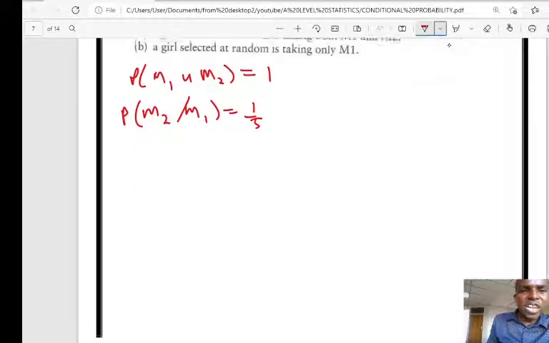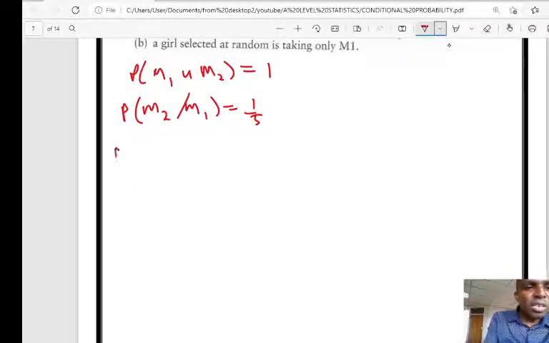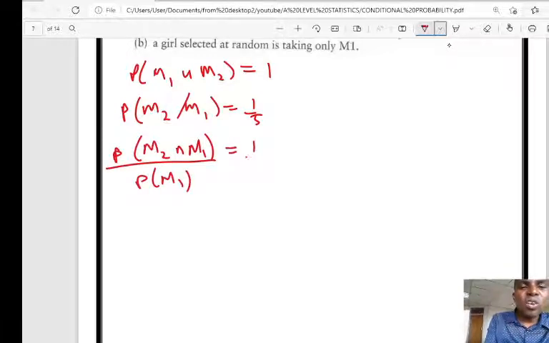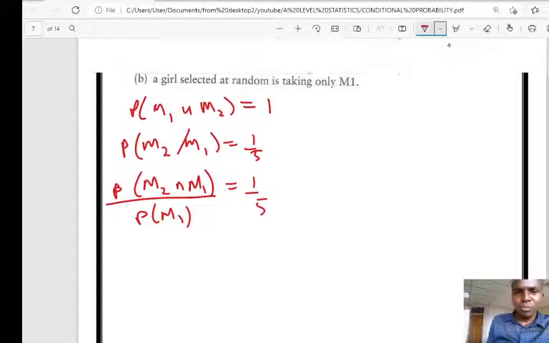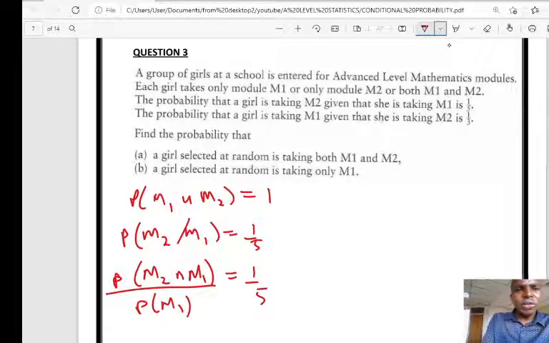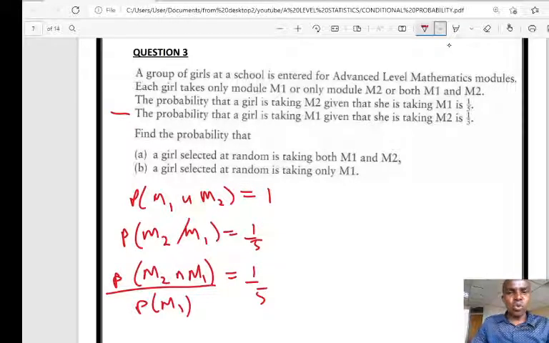If I simplify this one, it will be the probability of M2 given M1 is the probability of M2 intersection M1 over the probability of M1, which equals 1/5. Then next, the probability that a girl is taking M1 given that she's taking M2 is 1/3.